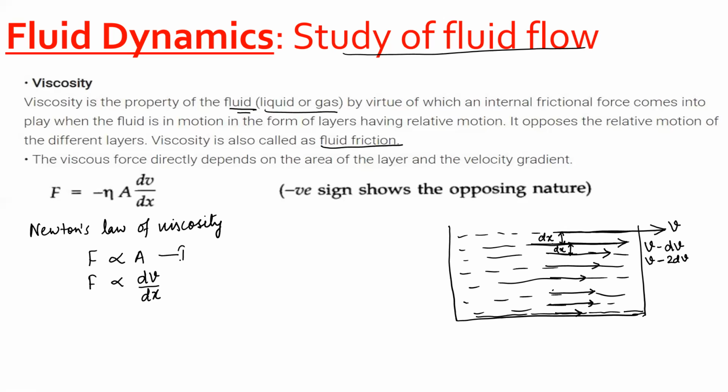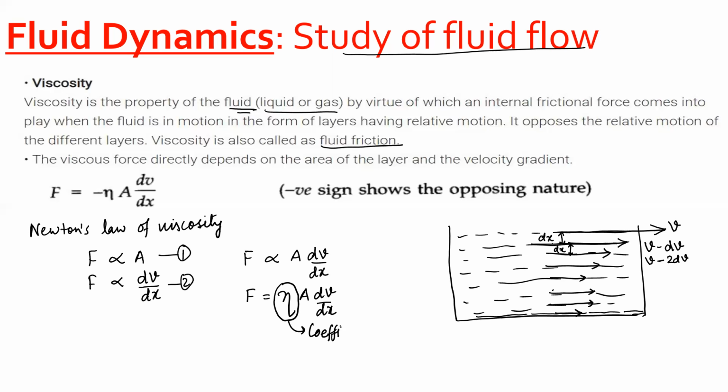If we combine both these equations, then we get F is directly proportional to A dv by dx. So this F will be equal to a constant, and that constant is represented by eta, and this eta is called the coefficient of viscosity.